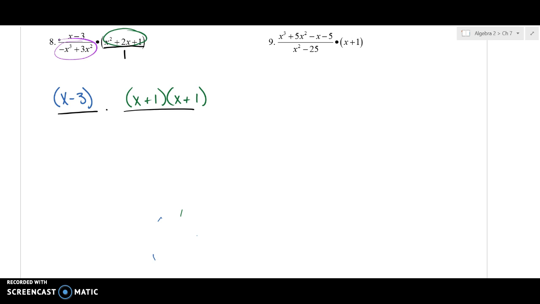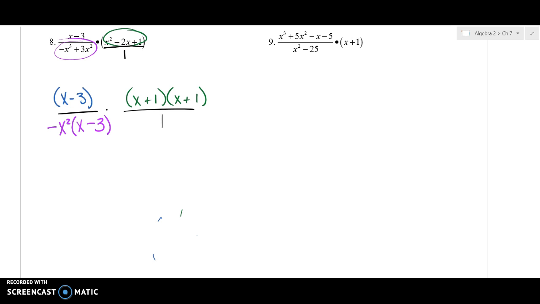Our first denominator. What do negative x to the third and 3x squared have in common? Negative x squared. You want to factor the negative out whenever possible. If you divide negative x to the third by negative x squared, you're left with just an x. 3x squared divided by negative x squared would be negative 3. And our last denominator is just a 1.